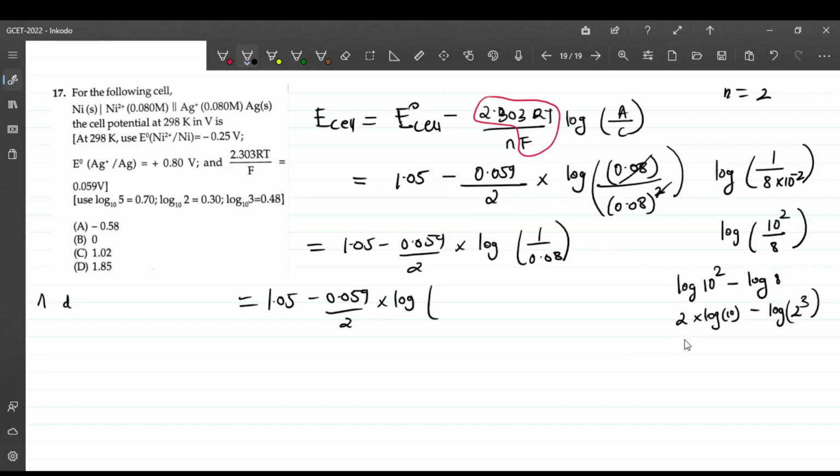So this is 2 into 1 minus, this will become 3 into log 2. 3 into log 2 is 0.9 almost, so this is 2 minus 0.9, and this is 1.1. So this will be 1.05 minus 0.059 divided by 2 into 1.1. If you solve this further, you will get an answer to be 1.02.